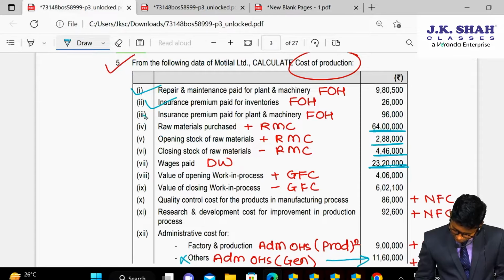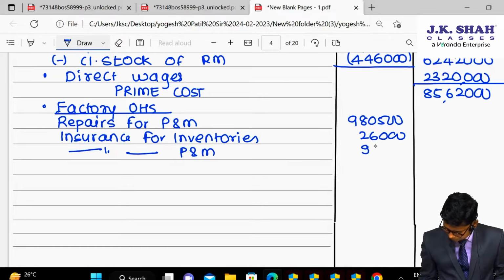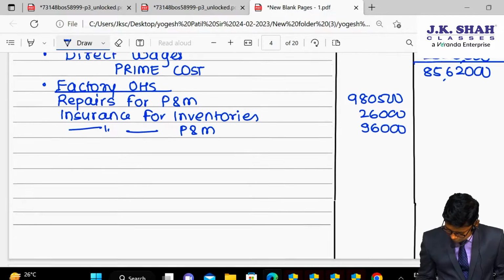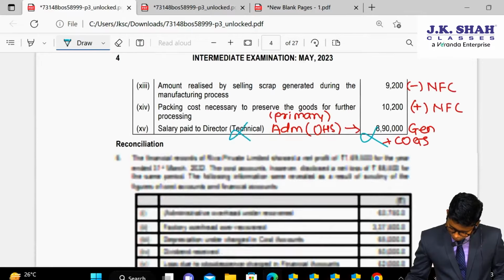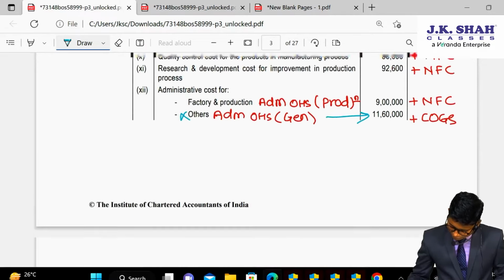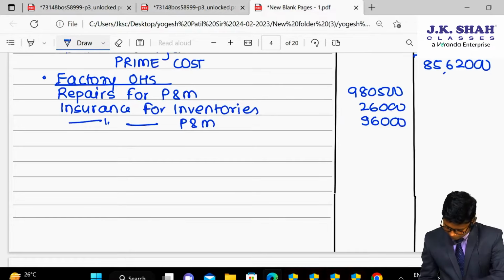Next is insurance for plant and machinery 96,000. After this, if you check the entire information, no factory related information is there, so that's it. You need to take the total of these three items. This will give you the total of factory overhead.